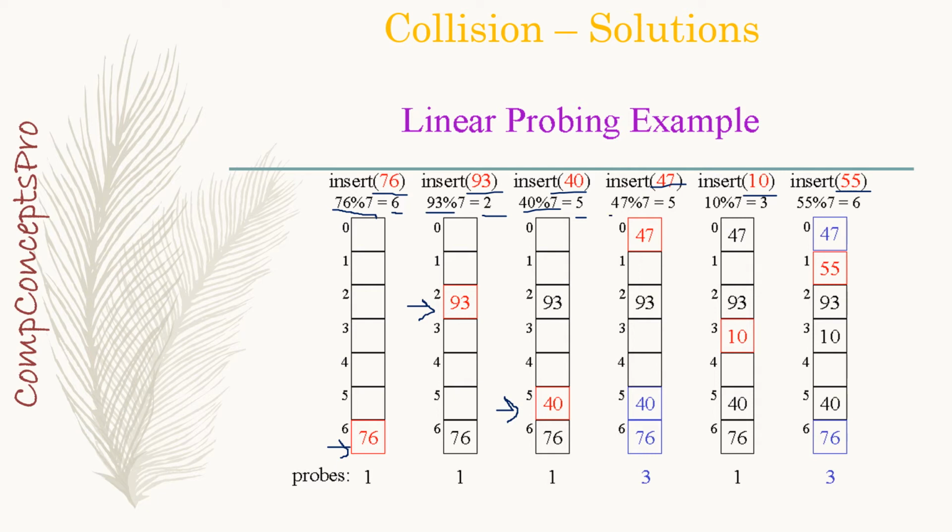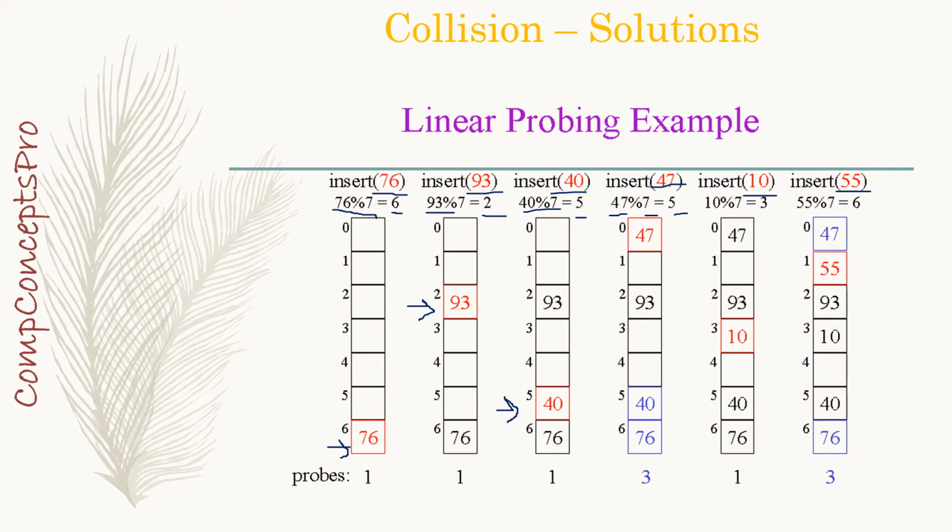The next key is 47. 47 mod 7 gives 5 again. So now there is a situation of collision. So we have to see where we can insert our key 47. As per the division method hash function, we have to store the key 47 at index position 5. But as we can see, already it is occupied with some other key. So we'll move towards the next index position of the hash table.